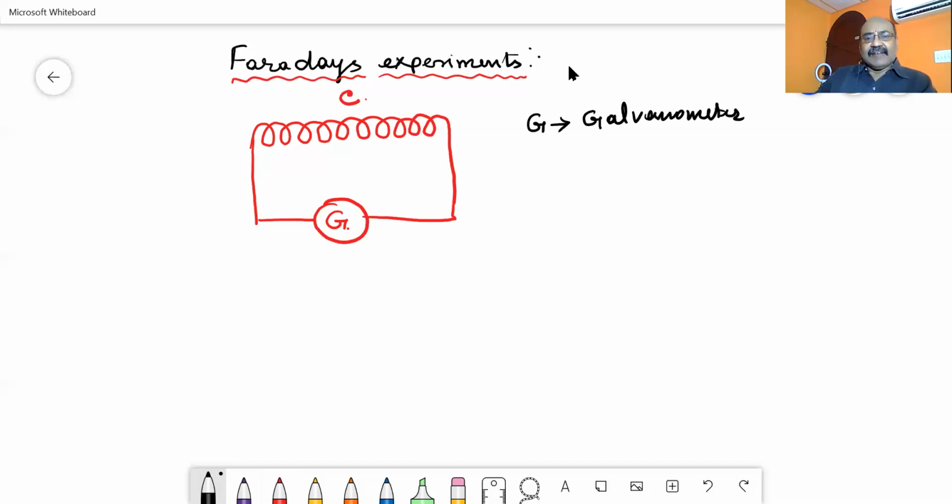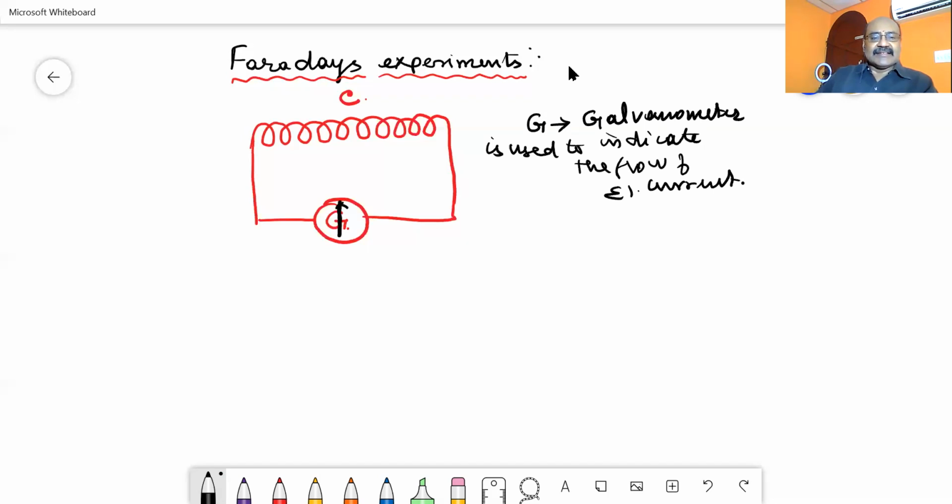Initially, as there is no flow of electrical current through this coil of wire C, no deflection is available in the galvanometer. The needle in the galvanometer is at rest at its center position.